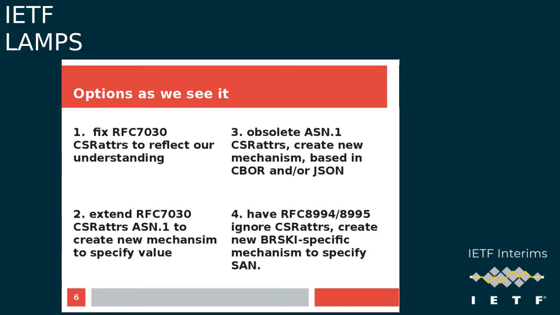And Mike points out in chat that 7030 has already been updated by RFC 8996, deprecating TLS 1.0 and 1.1. Okay, so I think Michael and Dan are going to take the lead on the document.